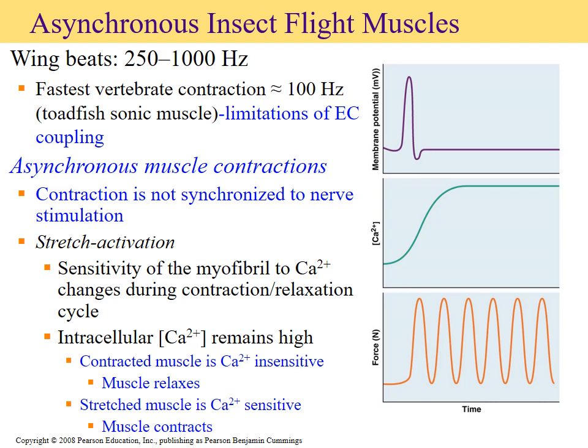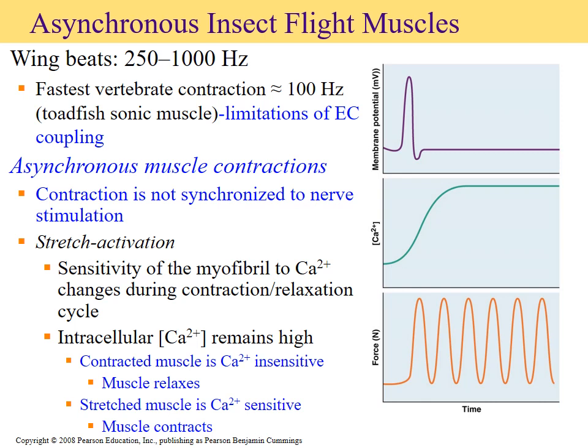And due to the fact that it doesn't synchronize with the nerves all the way and it has the stretch activation, it can increase the amount of contractions to anywhere from 250 to 1,000 contractions per second. That is extremely fast. So try to visualize, for instance, a hummingbird. And when you think about how fast it has to whip those wings, that basically corresponds with how many contractions and relaxations it has to do.